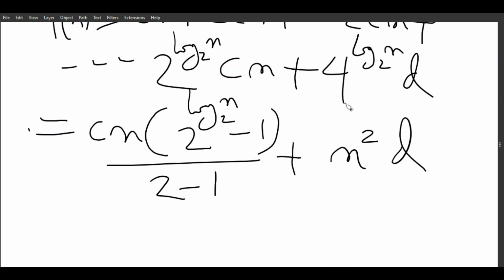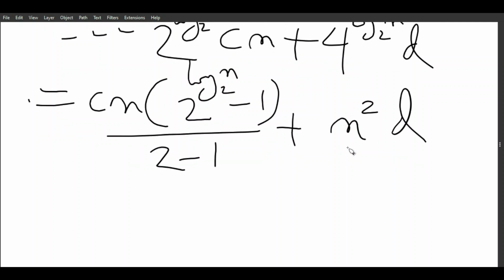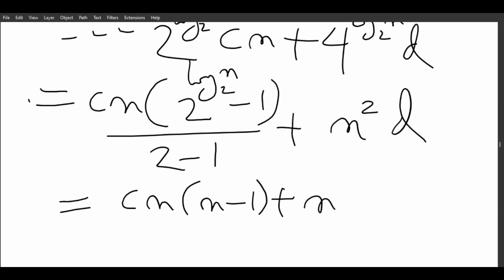Similarly here, left part of the expression, we get n minus 1. So just simplify this and get Cn(n minus 1) plus n square D.